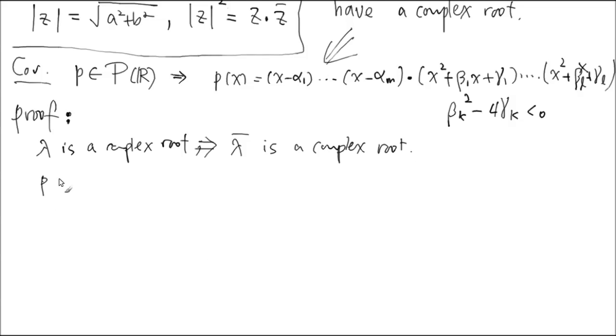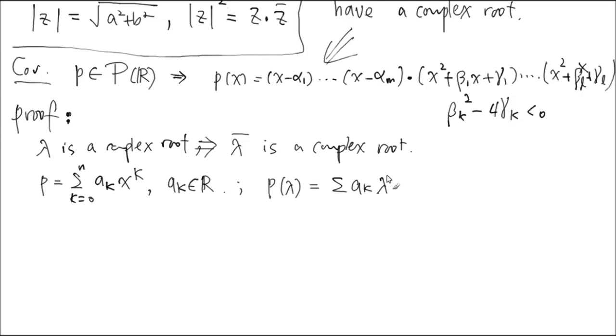So let's say p is given by this polynomial, k going from 0 to n, I'm going to use a_k x to the k. This is a polynomial where all the a_k are real numbers. That's the real coefficient polynomial, right? And we have p of lambda that is 0. So we have the sum of a_k lambda to the k, k going from 0 to n. That is going to be 0, right?